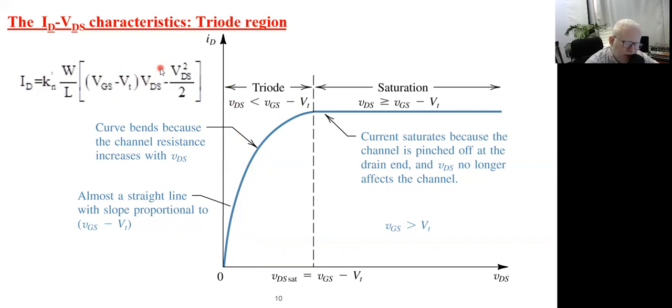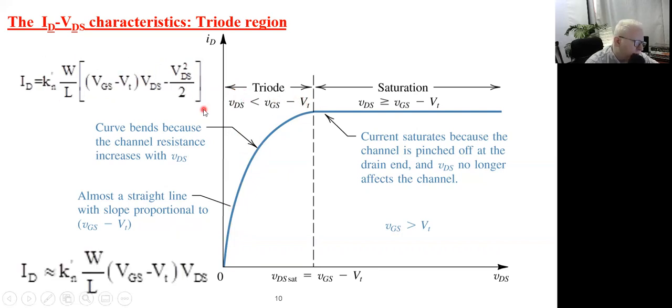Sometimes, when VDS is very small, I mean, whenever you are working in this region, VDS is much smaller than VGS minus V threshold, you can approximate it in this manner. You can simply say that VDS square over 2 is relatively small compared to this term. So I just ignore this VDS square over 2, and then I just use it in a very easy linear manner.